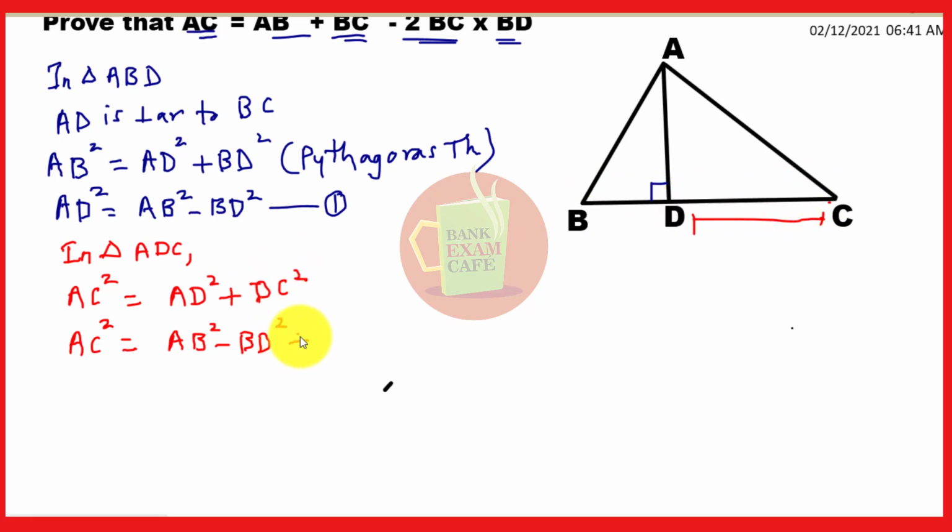So in place of DC I write BC minus BD bracket square.